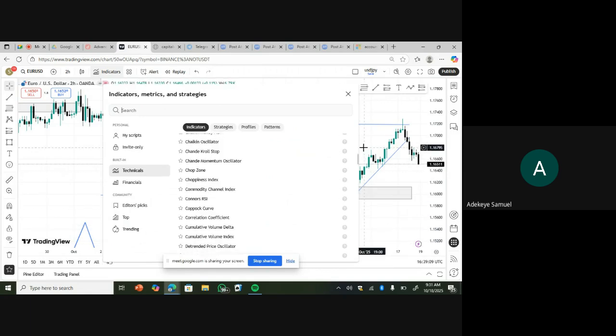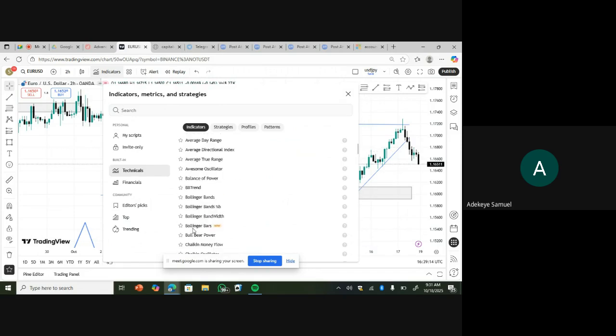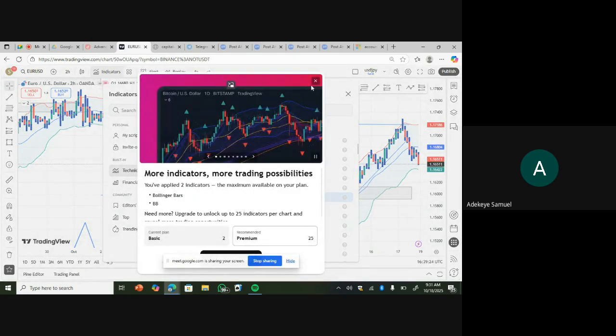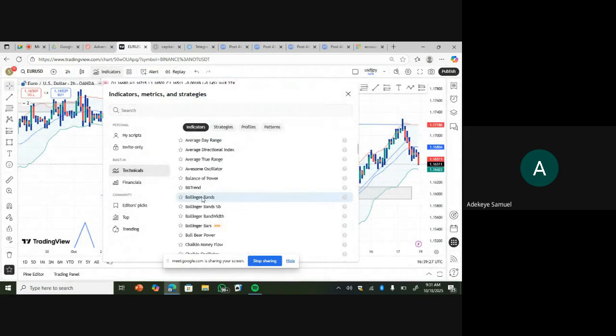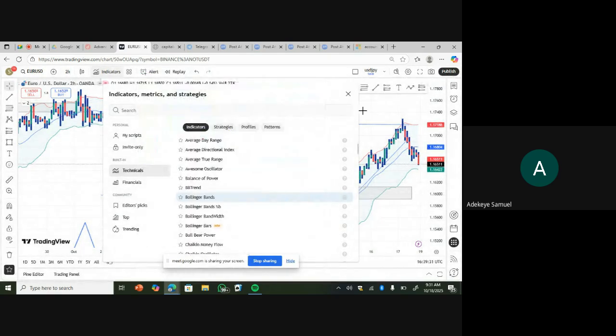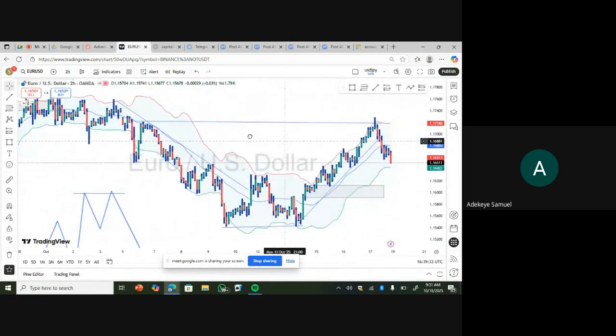Okay, this is the Bollinger Bands. So this is an indicator.